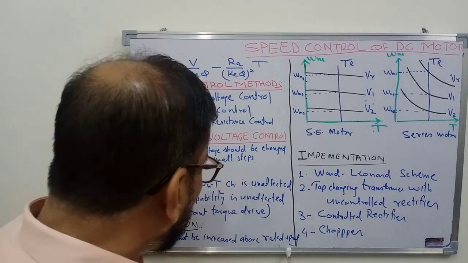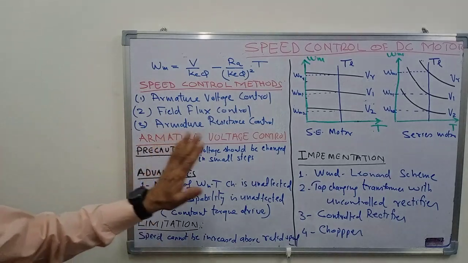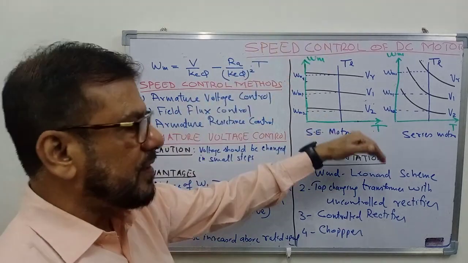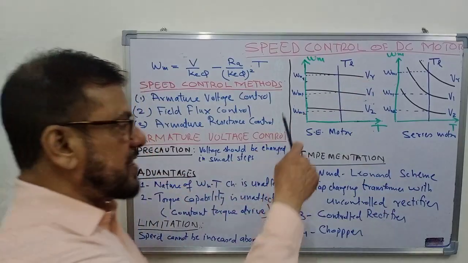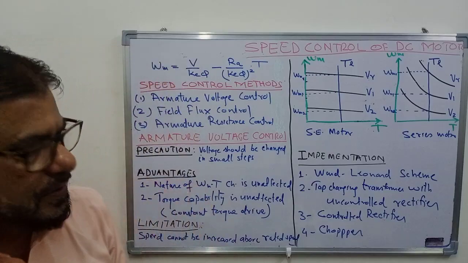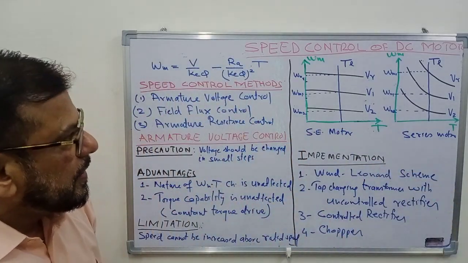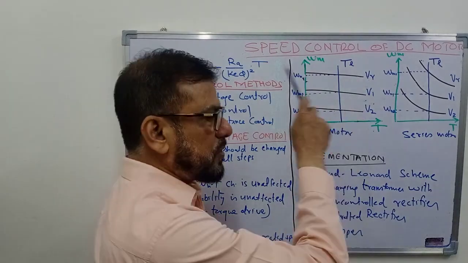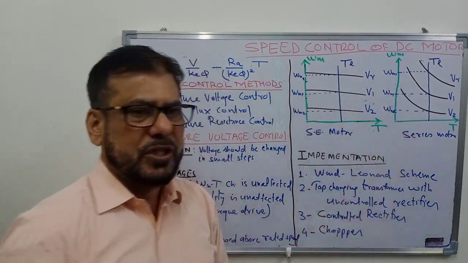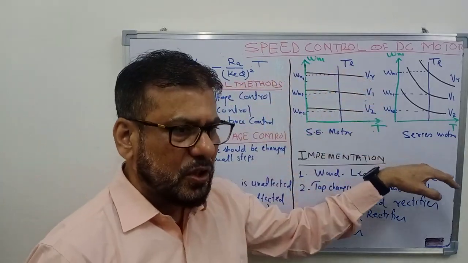Now what are the advantages of this method? The first advantage is visible from these characteristics: the nature of the speed torque characteristic is not affected. For example, you are using a separately excited DC motor, and the requirement is that it should have good speed regulation, that is, the speed should not change much with the change in torque.